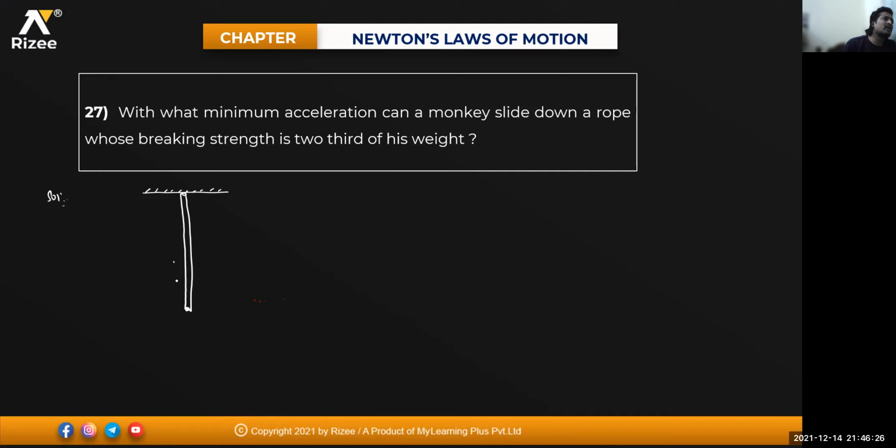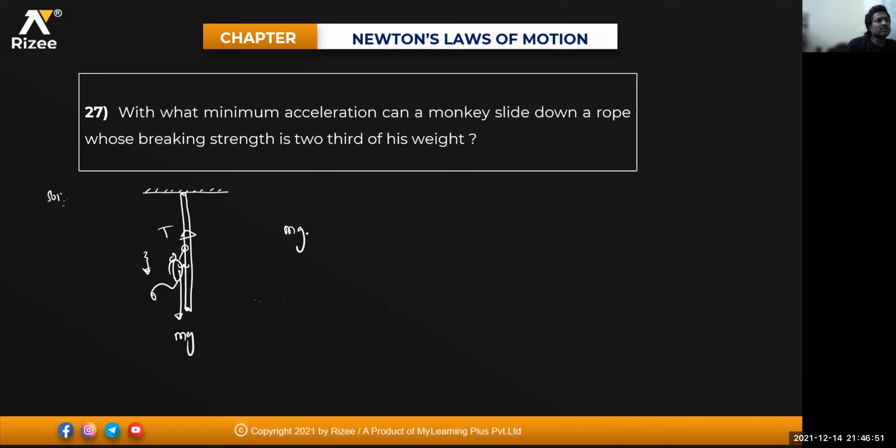And here is some monkey. With what minimum acceleration can the monkey slide down? So it is sliding down, and the braking strength of the rope is 2/3 of its weight. That means as the body is moving in the downward direction, the weight of the body is in the downward direction and the tension in the rope is in the upward direction.